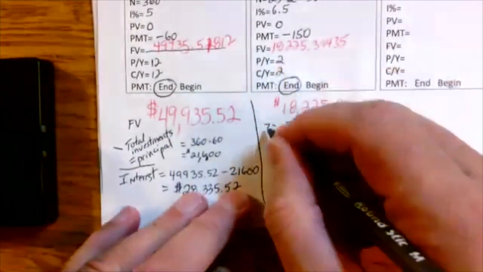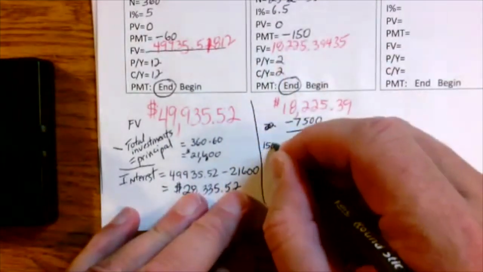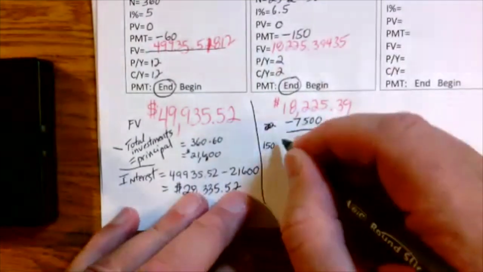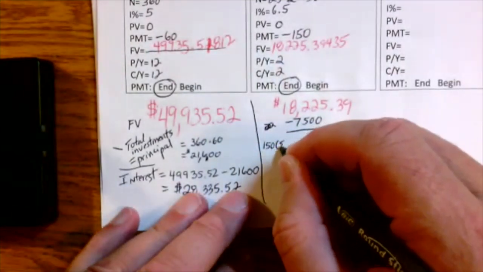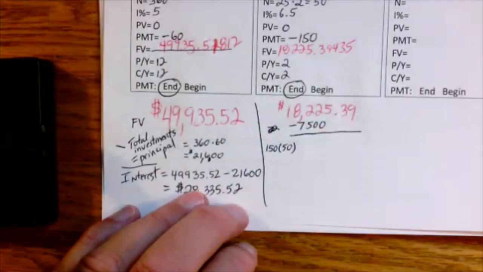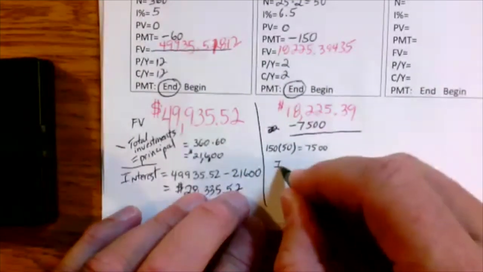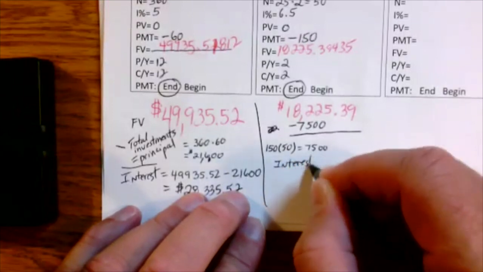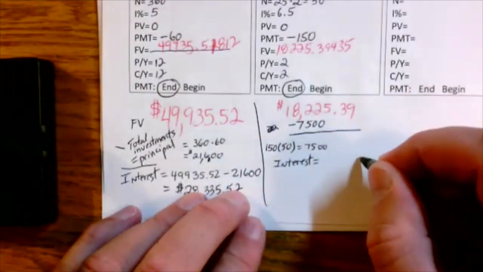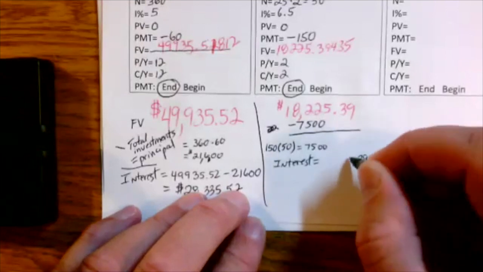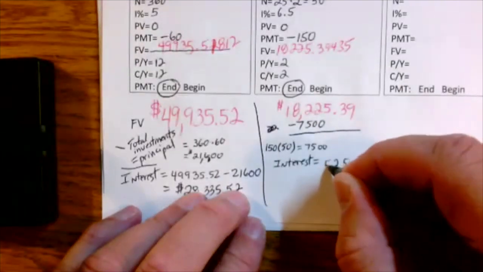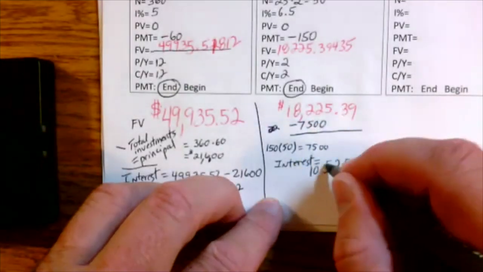That was our $150 payment that we made 50 times, twice a year over a 25-year period. And so the total interest would be the subtraction of those two numbers. So 39,525, and then 10,000.